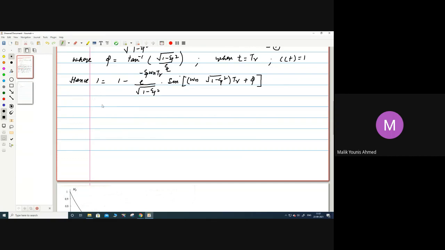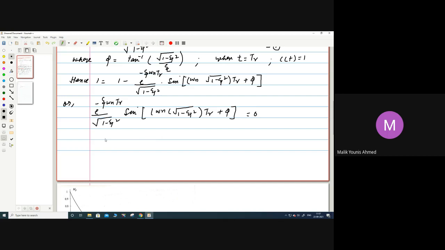So two quantities will be left: e raised to the power minus xi omega n tr divided by under root of 1 minus xi square, and sine of omega n under root of 1 minus xi square into tr plus phi. This should be equal to 0.